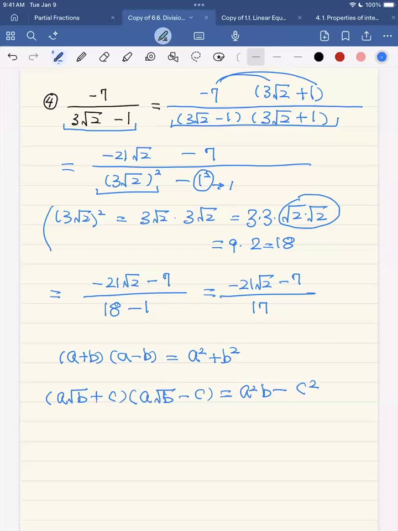So this is a real number without radical. And I said these two are considered as conjugate.